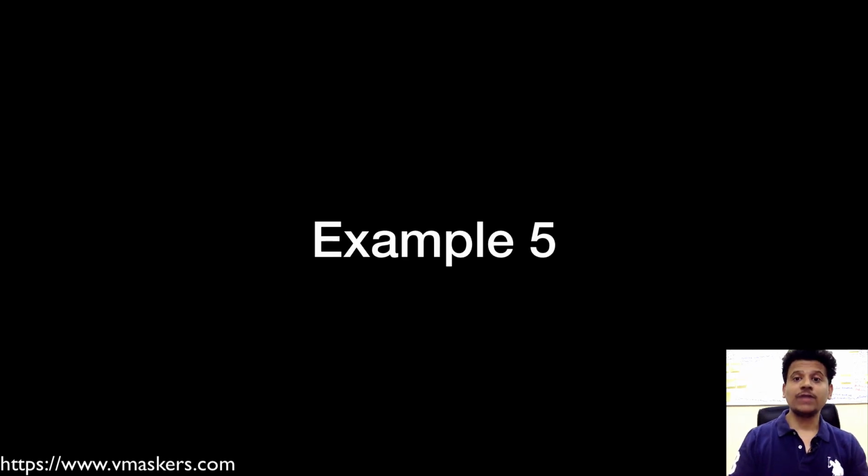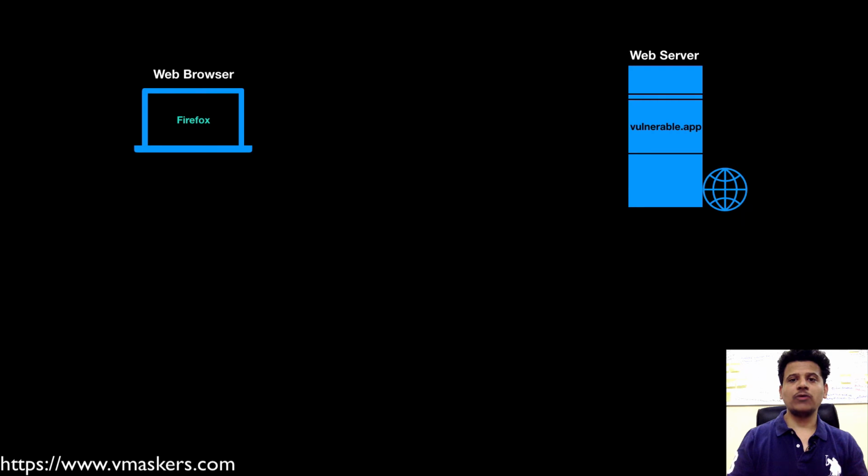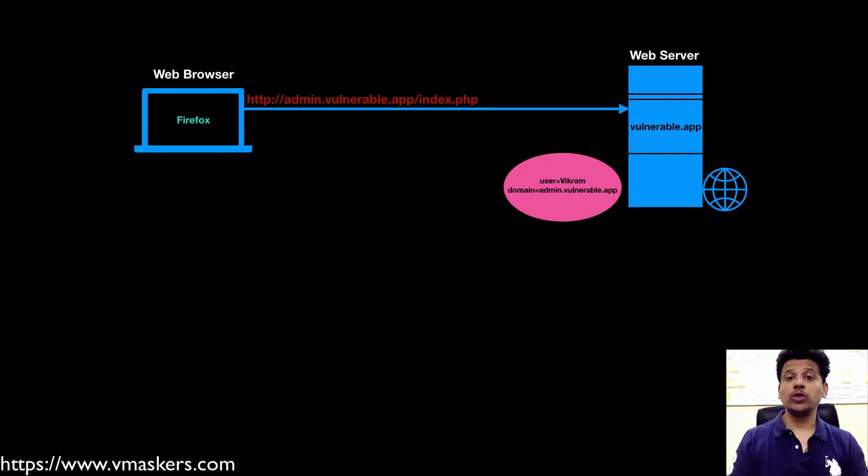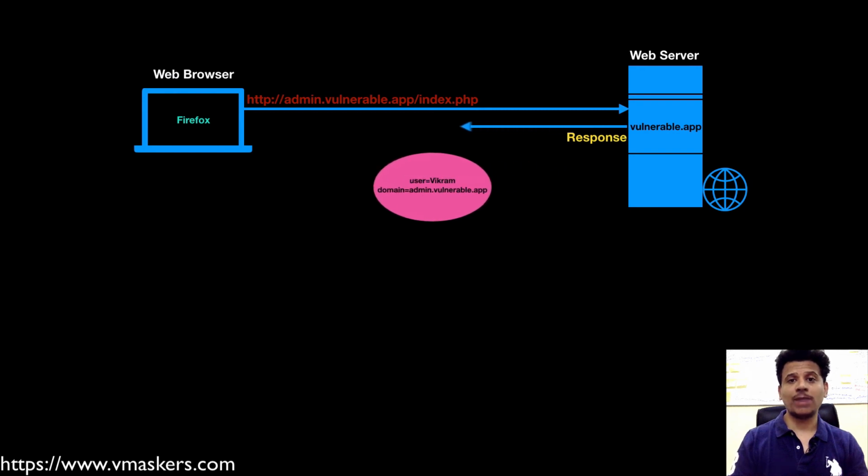Now let's see the fifth example. This is your web browser, this is your web server. You want to visit admin.vulnerable.app/index.php. You send a request. Now the cookie has the value user equals Vikram and the domain is admin.vulnerable.app, so it will be sent with the response to the browser.